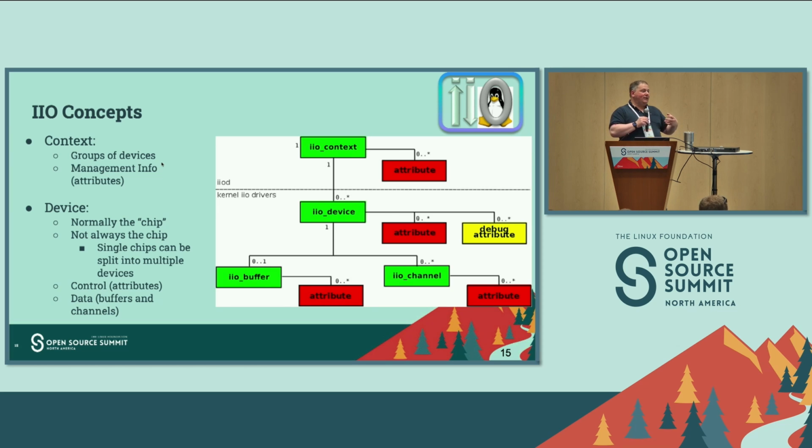Those are typically things that kernel developers or device driver developers want to use to poke at something that's not always exposed, like a back door to get at things when you're not sure what's actually happening. And then you can have buffers and channels. So you can expect that a device may have multiple channels or multiple buffers depending upon the type of device it is.